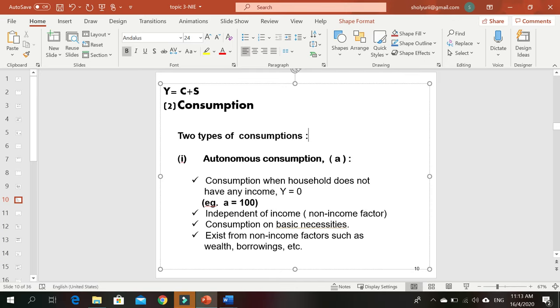There are two types of consumption dalam C. Pertama adalah autonomous consumption yang kita simbolkan dia sebagai A.